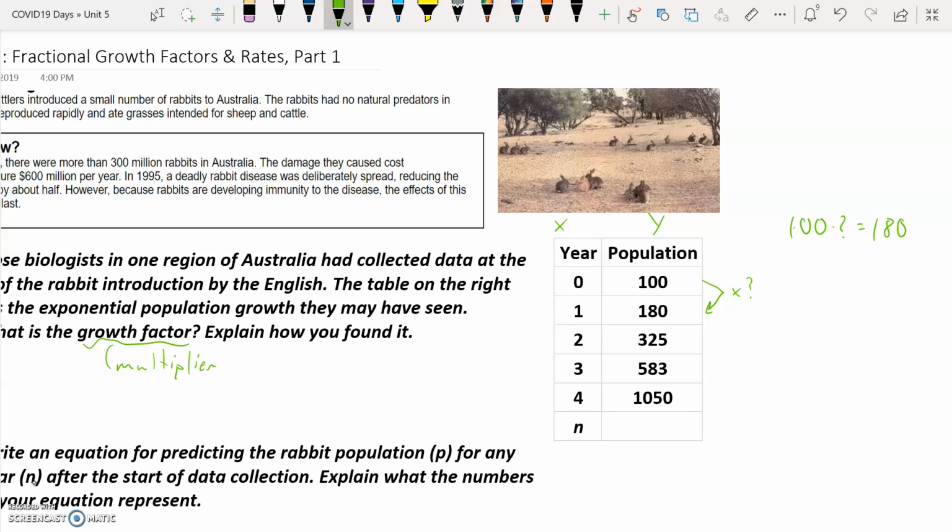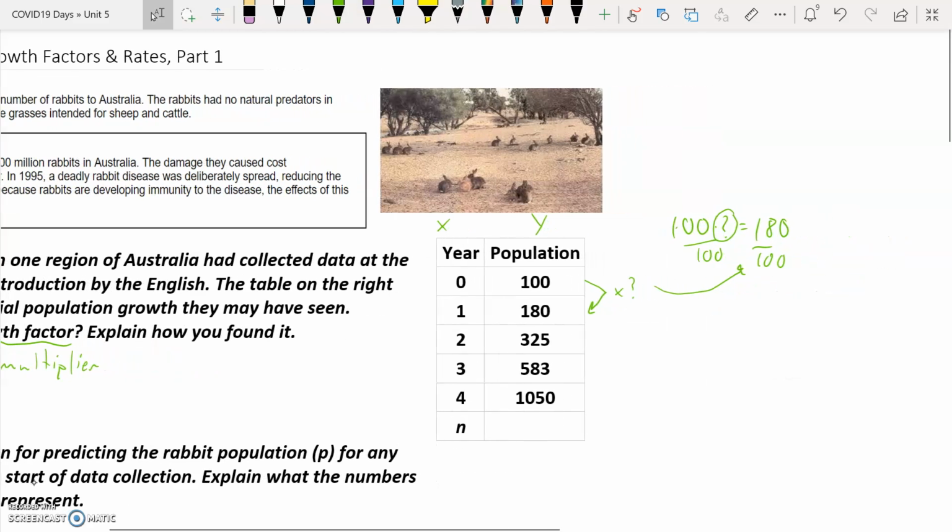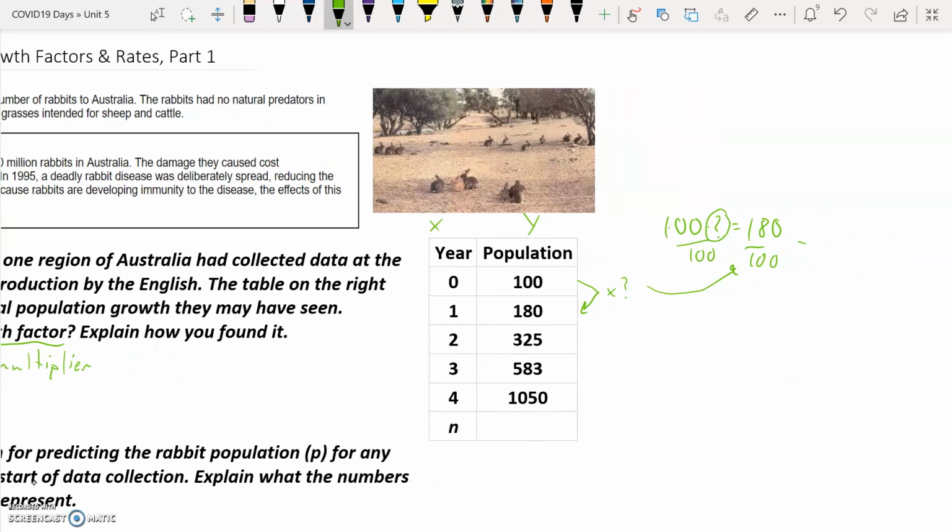To find this unknown, we could divide both sides by 100. In other words, to find this multiplier, you're just taking a y value and dividing it by the previous y value. When we divide 180 by 100, we get 1.8. So that means at each step, we're multiplying by 1.8.